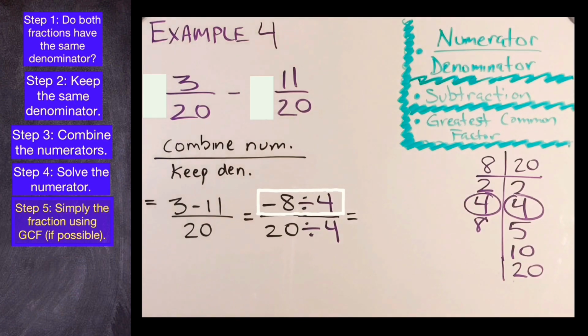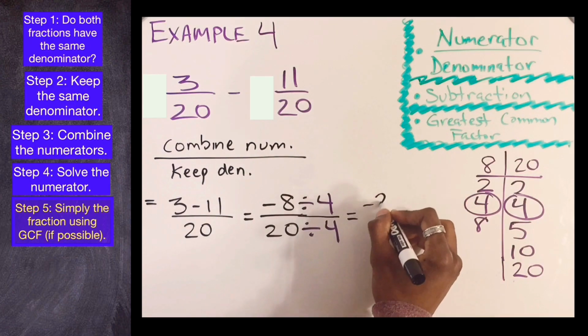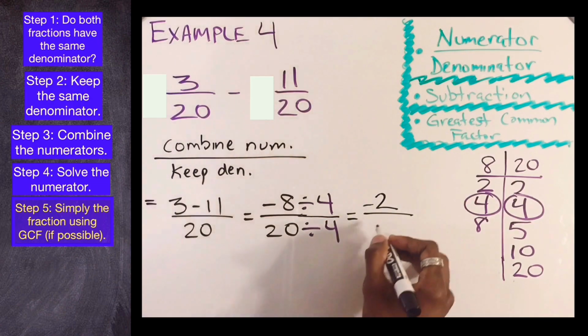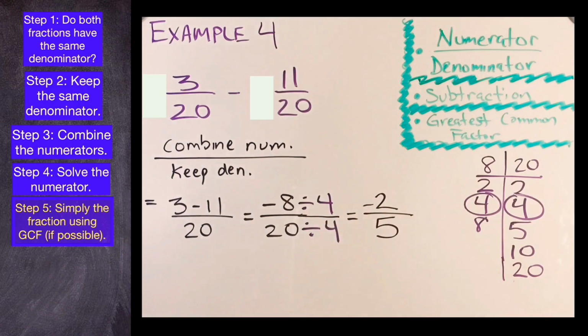Negative 8 divided by 4 is negative 2. Now let's look at the denominator. 20 divided by 4 is 5. Excellent. So now we have our new fraction. It's simplified and it's ready to be combined with our whole numbers.